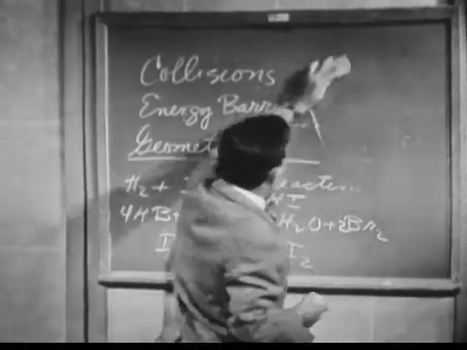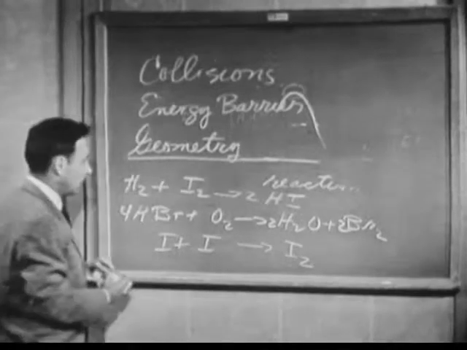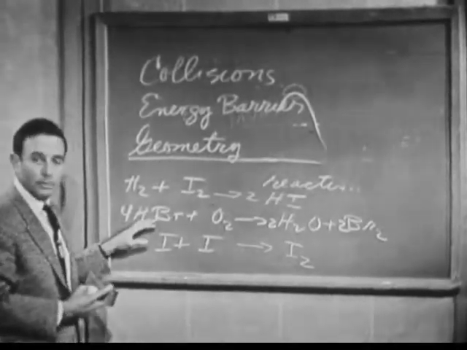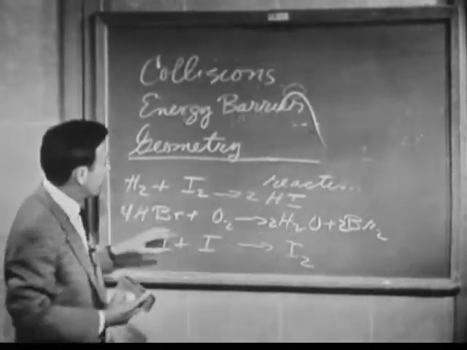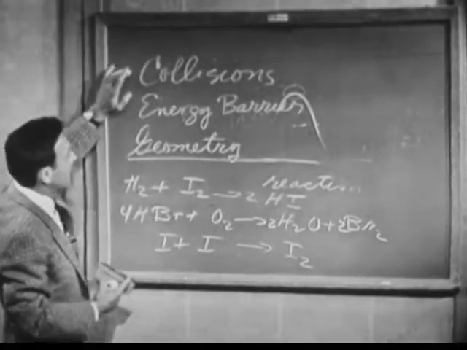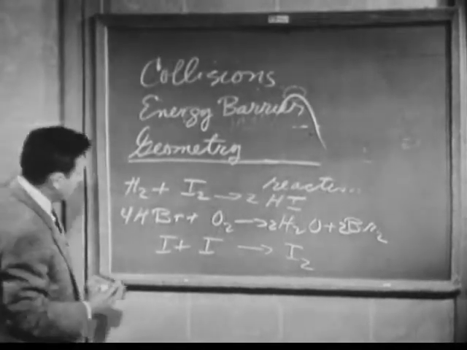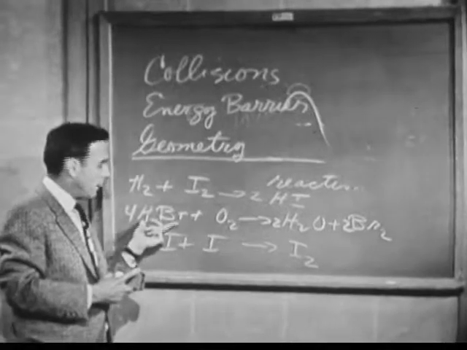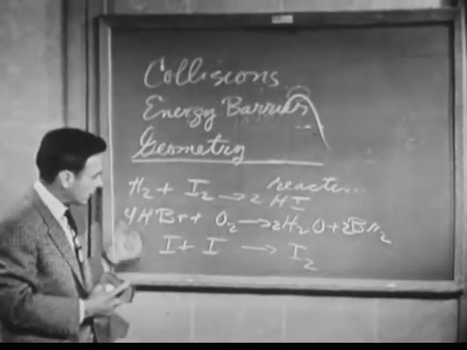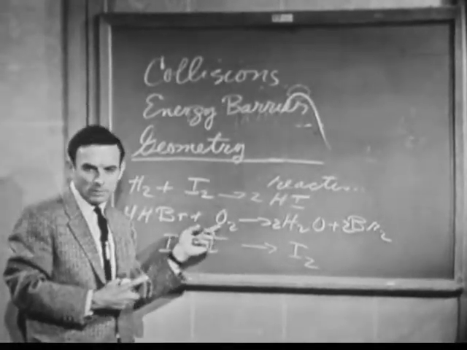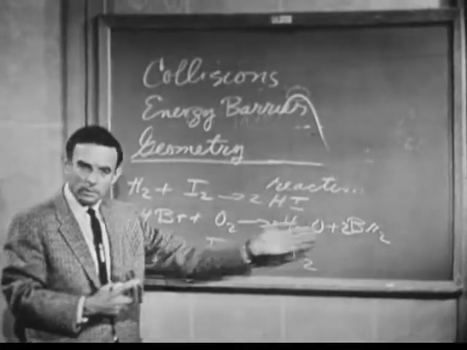This reaction, again, we can expect will require collisions before we will have any products formed. So the factor of collisions is important. On the other hand, we see that 4 HBr molecules must get together with one oxygen molecule in order for products to form.